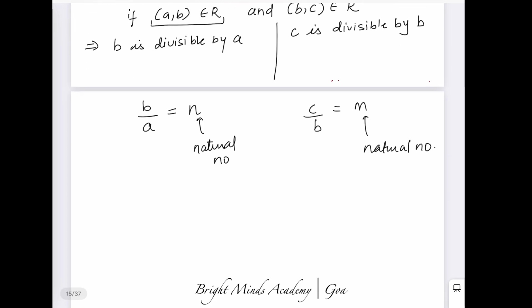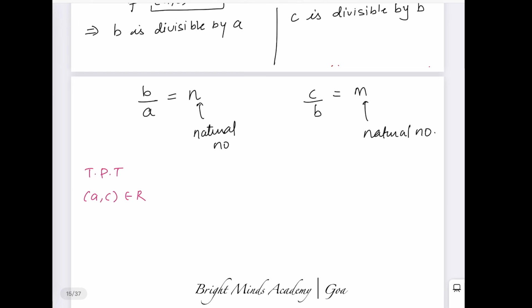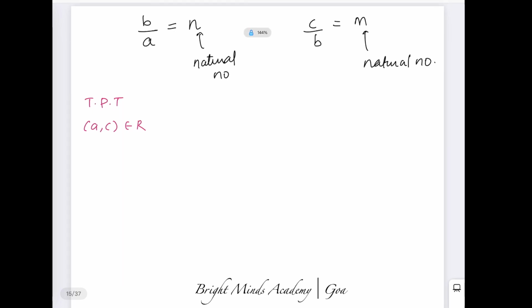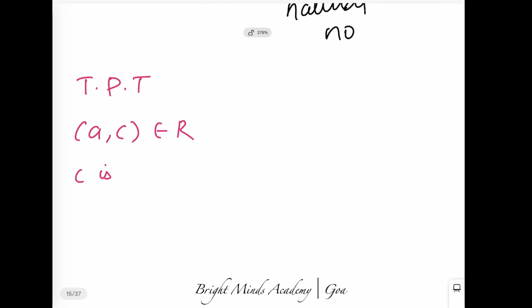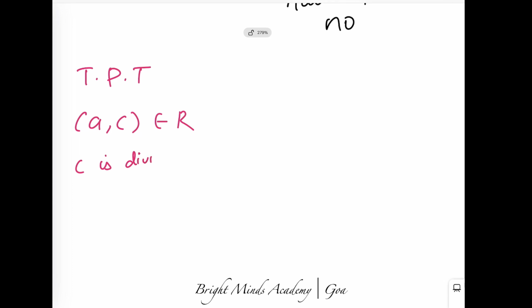Okay, now coming back to what you actually have to prove. Now I'll just write it down here. You have to prove that (A, C) also belongs to R for it to be transitive. Now what does this mean according to the definition? According to the definition, this means that C is divisible by A, or this implies that C divided by A should be some natural number.